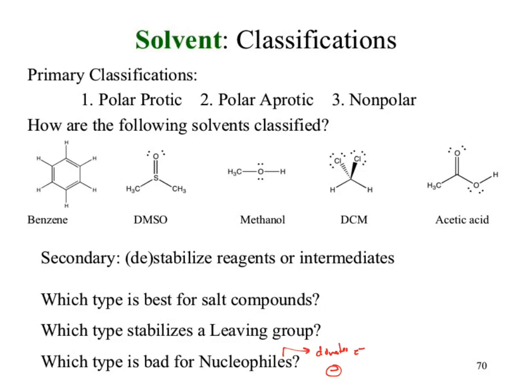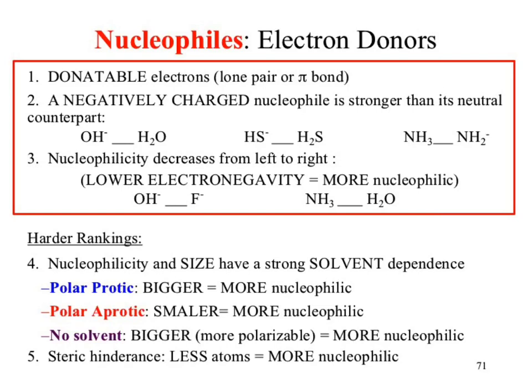What solvent would cancel a negative? A polar protic solvent. Right? Because the protic solvent brings in a very large positive hydrogen that can cancel that charge. Right? So we're using those solvent classifications and thinking about the definitions of what those pieces are to be able to apply them forwards.